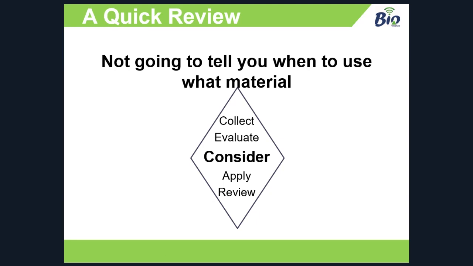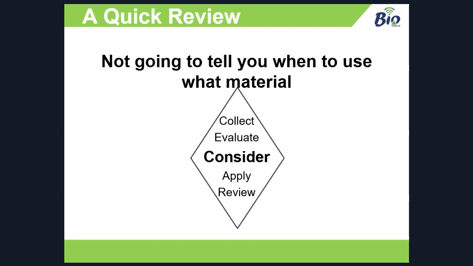Again, not going to tell you what material to use. This is pretty key to these series. We've all been trained as professionals to go through, collect as much information as we can. I call it an upside down triangle. So our professional process is to collect as much information that we see as relevant to the topic or to the problem at hand.